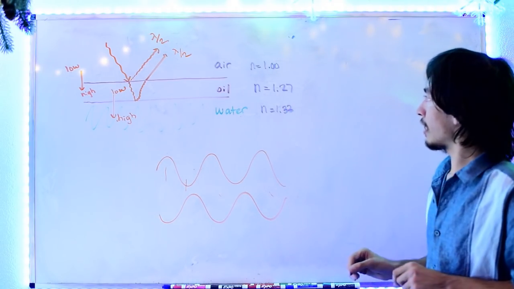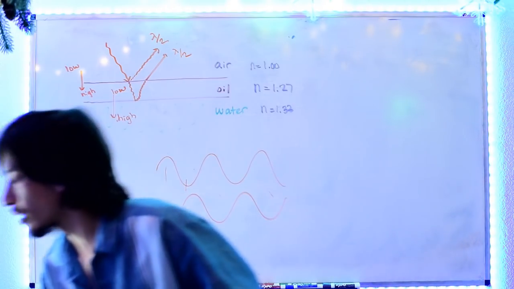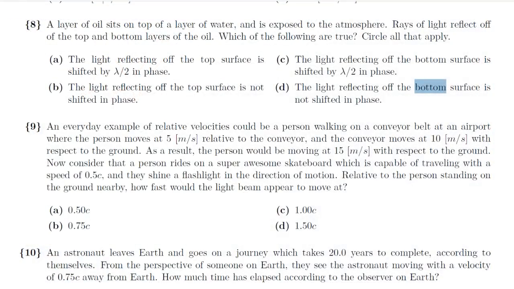So the statements that are correct include statement A, which says that the light reflecting off of the top surface is shifted by lambda over 2 in phase. Statement B, where it's not shifted, is not correct. So A is one of the correct answers. And C is also a correct answer because the light reflecting off of the bottom surface is also shifted by lambda over 2.